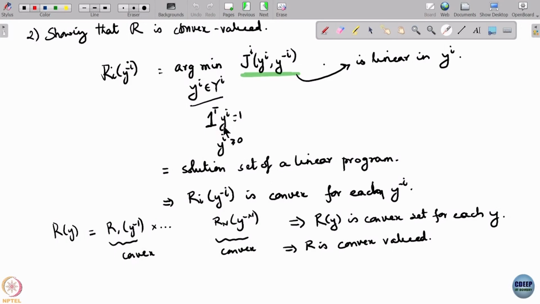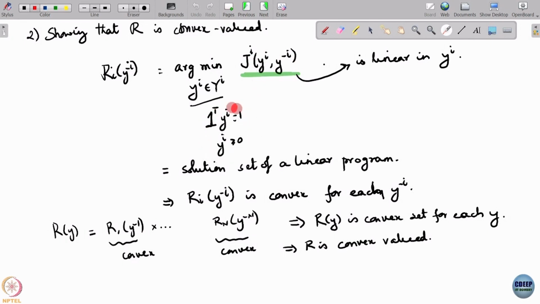Then exactly the same thing that we saw in the Sherlock Holmes problem, or in general in zero sum games, holds here also. So assuming the others play y minus i, the optimal thing for player i to play would always be a pure strategy, because he will obviously pick the one that has the largest weight, or in this case the minimum weight, because he is minimizing.